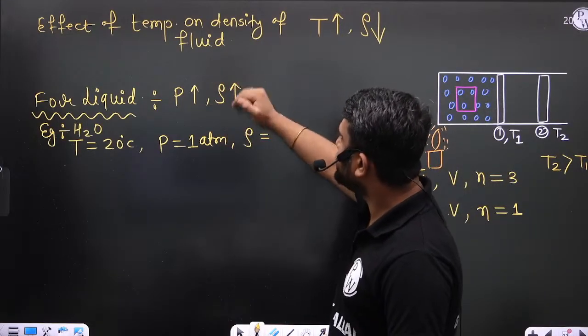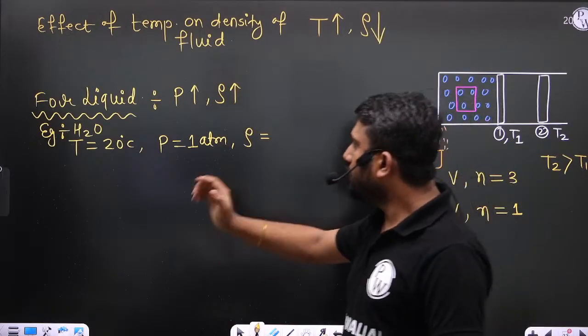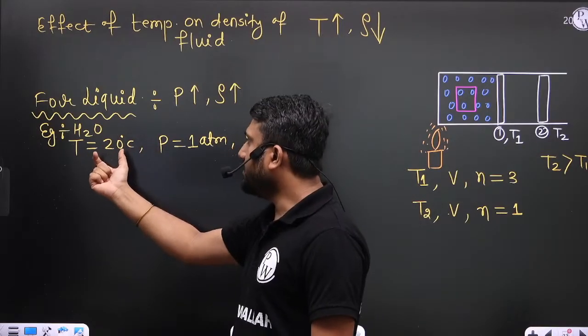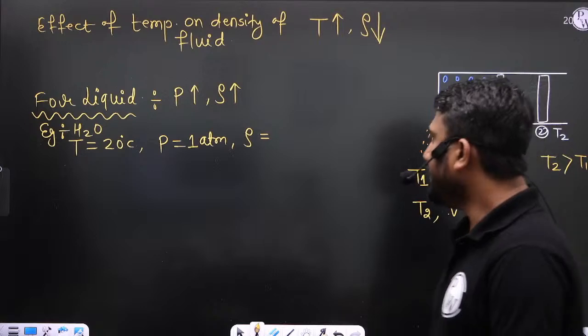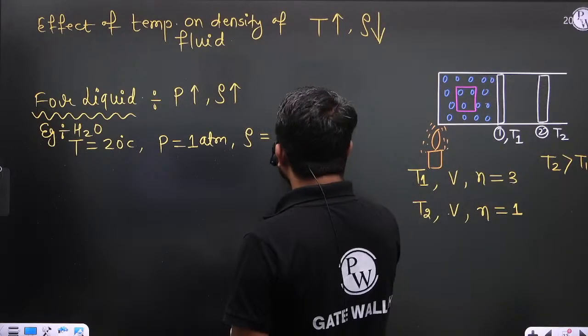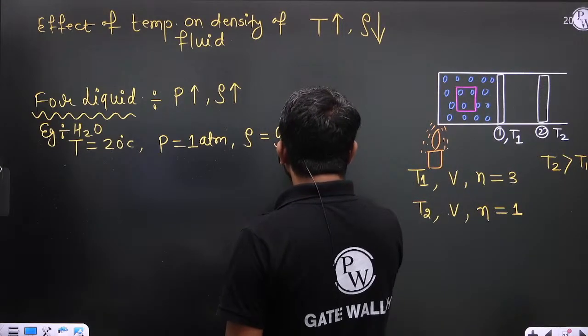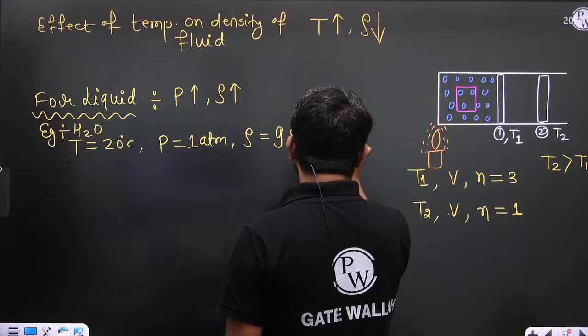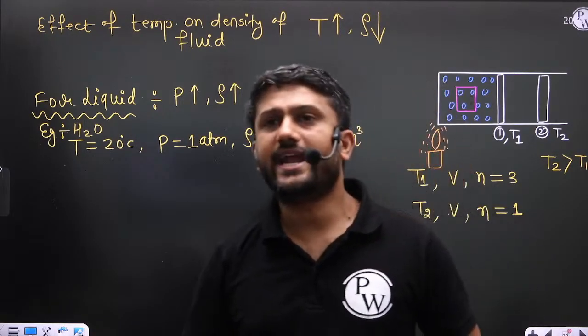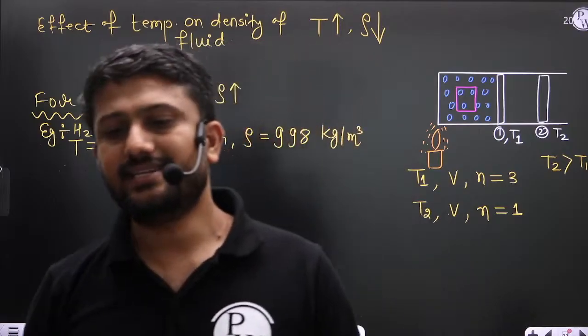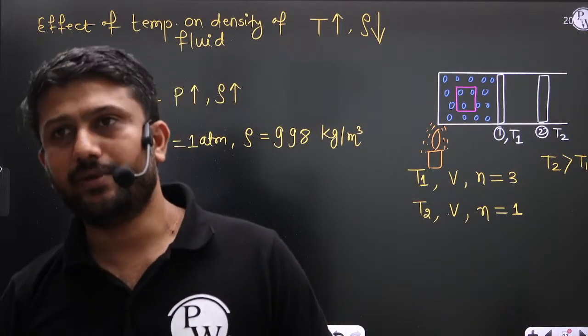So this is true: when you increase the pressure, density increases. Corresponding to a particular temperature, let us consider 20 degrees Celsius. When the pressure is 1 atmospheric pressure, the density is 998 kg per meter cube.